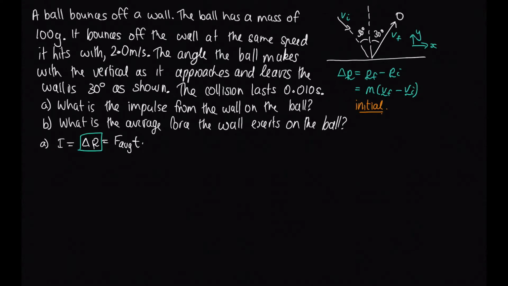So let's look at the initial velocity here. This is 2 meters per second, and we're splitting it into an x component and a y component. So this is Vx, and it's going down. This is Vy, and we'll give it a subscript i to show that this is initial. And if this angle here is 30 degrees, then this angle up here is 30 degrees as well.